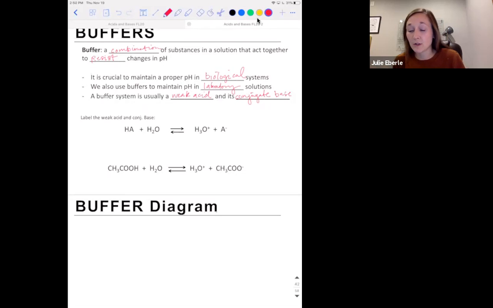The first equation is very generalized, and the second equation was with acetic acid.